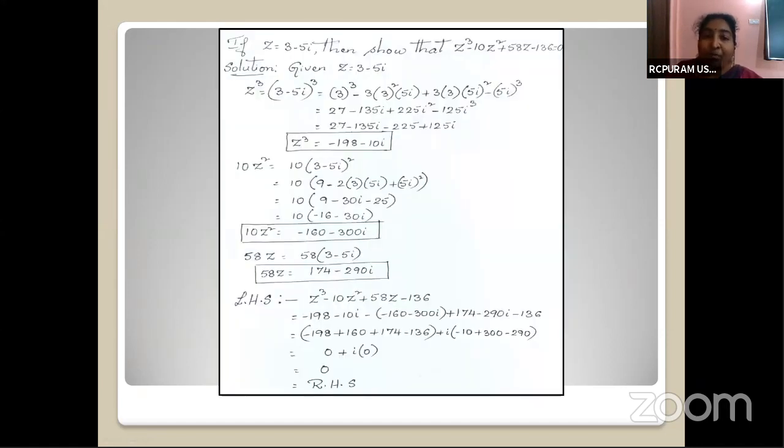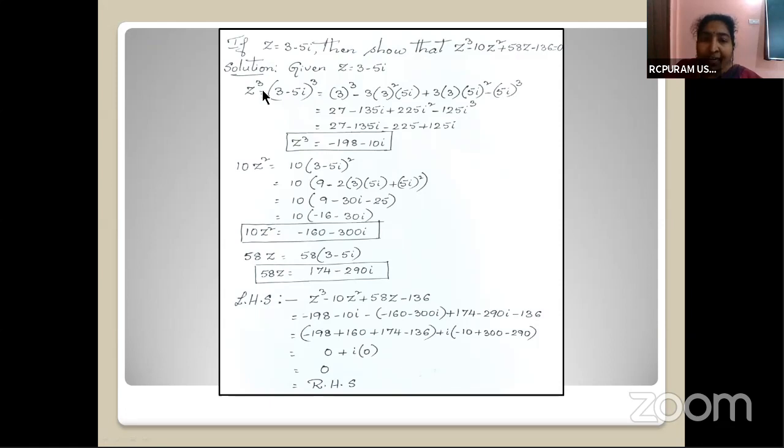Then the next problem I was mentioning is when you are given z is equal to 3 minus 5i. Then you are asked to show that z cube minus 10z square plus 58z minus 136 is equal to 0. Now this problem, whichever method you follow, it's okay.